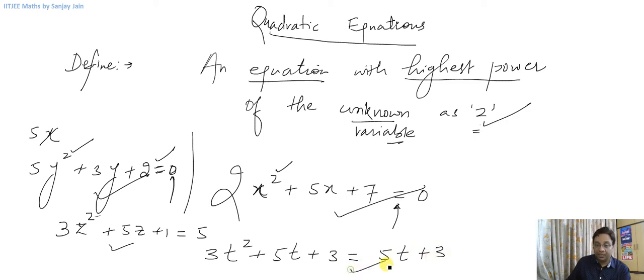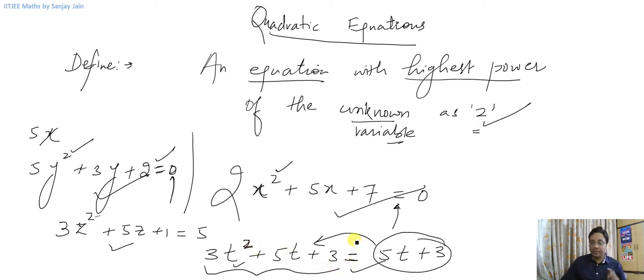This is another quadratic equation, because if you bring all of these terms to the left hand side, you will still have the highest power of unknown, that is t in this case, as 2, right? And you will still have the equal sign in this equation. So an equation with highest power of the unknown as 2 is known as quadratic equation.